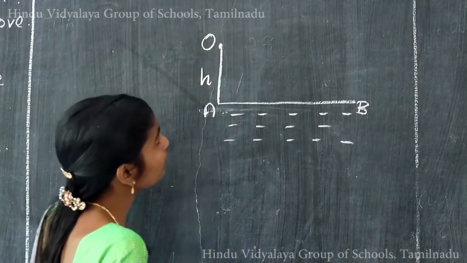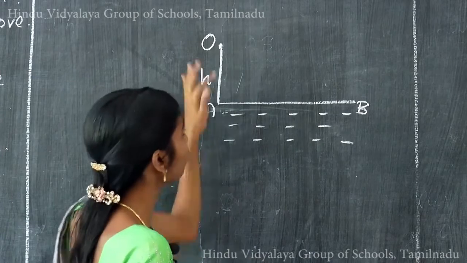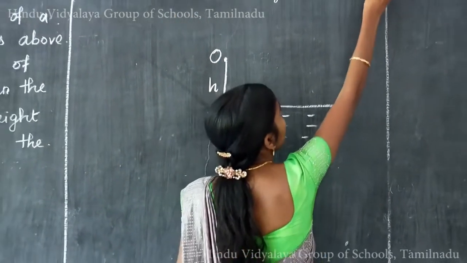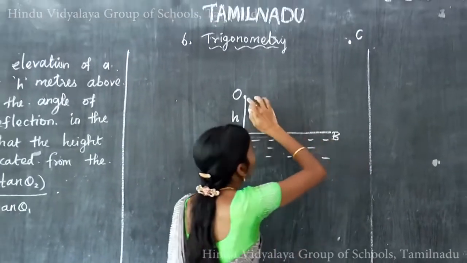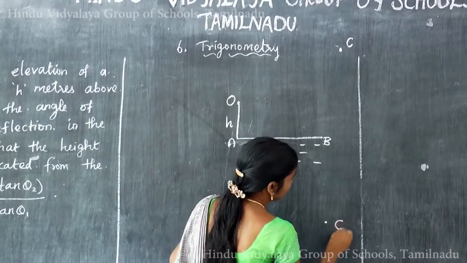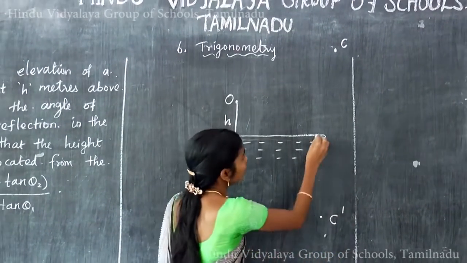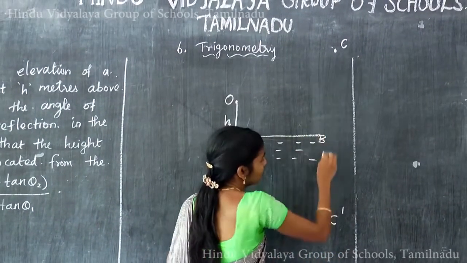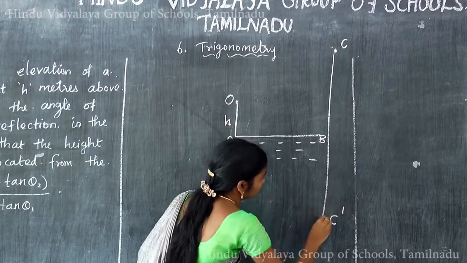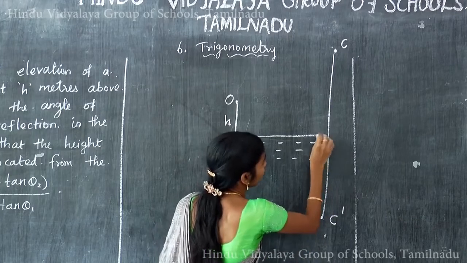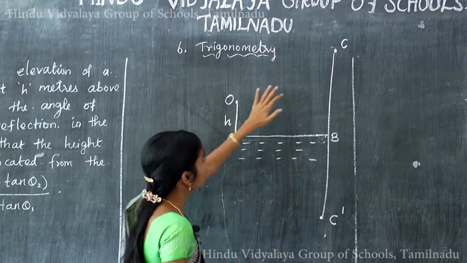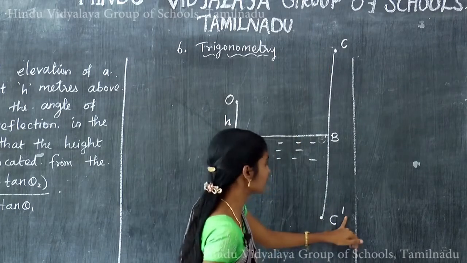Next, let C be the position of the cloud as seen from O, and take this reflection as C dash. Now joining C, B, C dash. C is the cloud, C dash is the reflection.